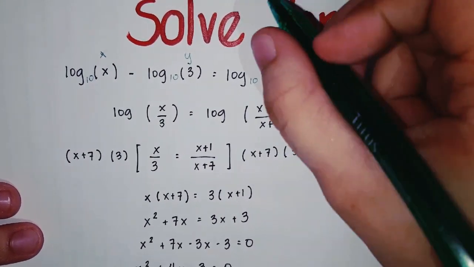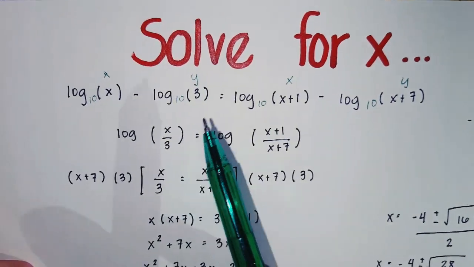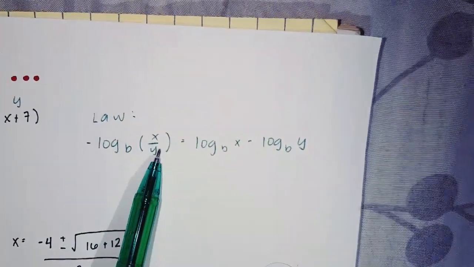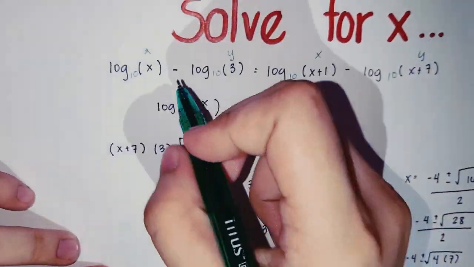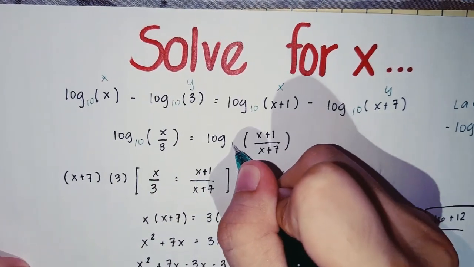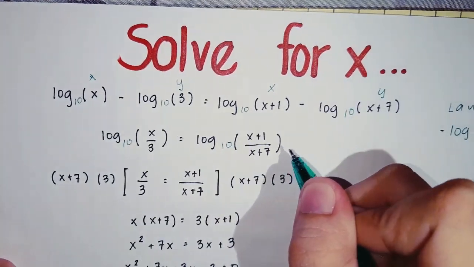On this side, this is our x and this is our y. If we rewrite this example using this law, it's going to be log base 10 of x over 3 equals log base 10 of x plus 1 over x plus 7.